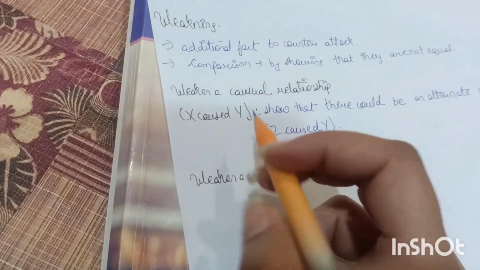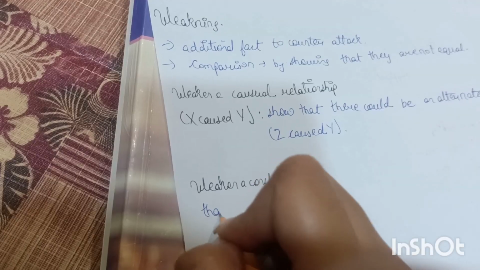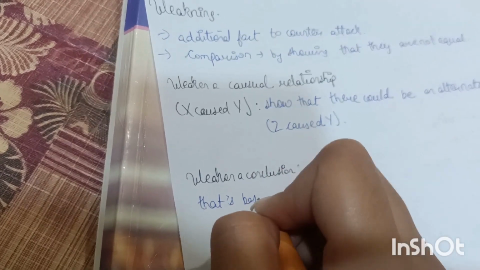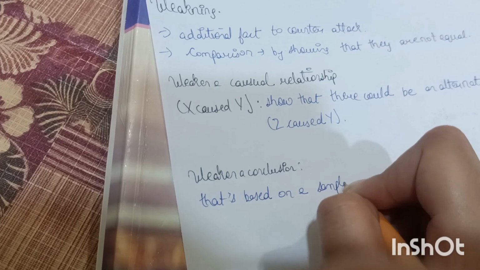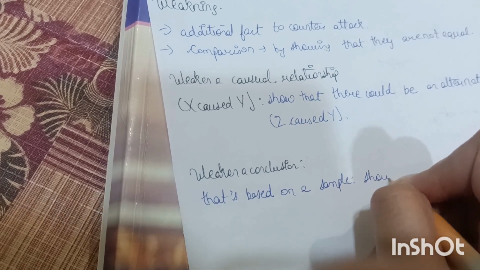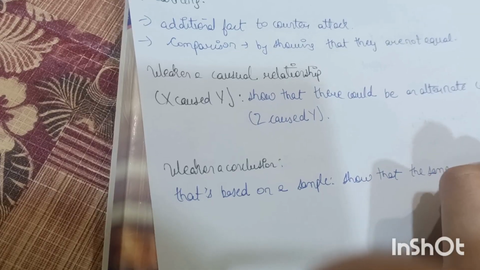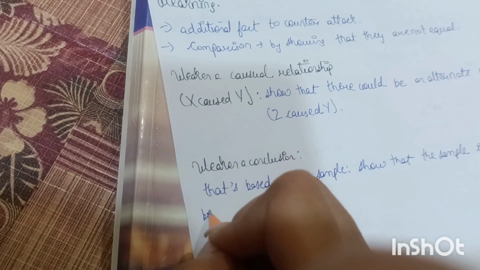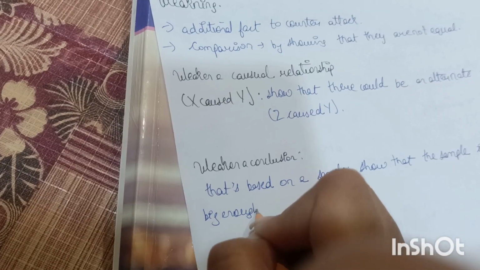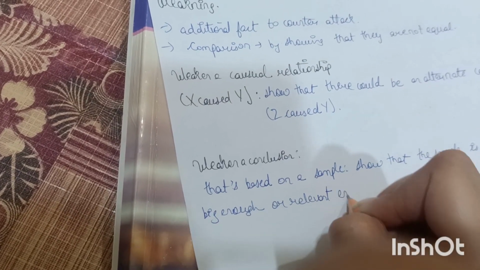Now let's see another trick to find a weakening statement. Based on a sample, show that the sample is not big enough or relevant enough.